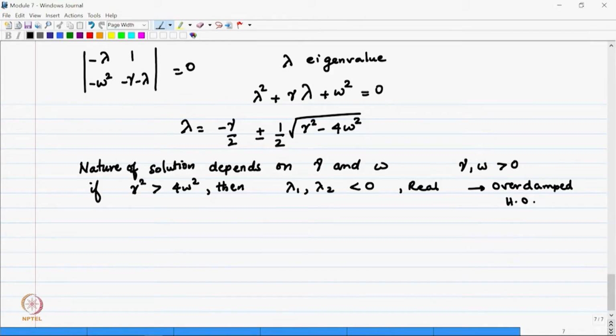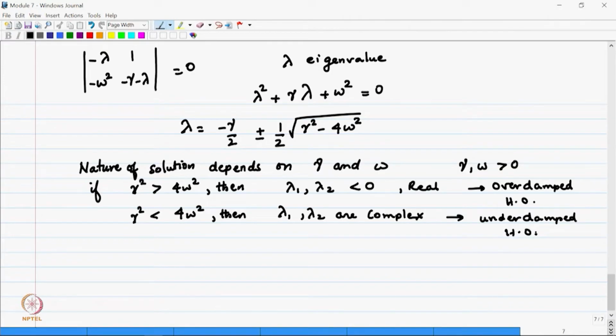Now, if gamma square is less than 4 omega square, then lambda 1 and lambda 2 are complex, and this is the underdamped harmonic oscillator.